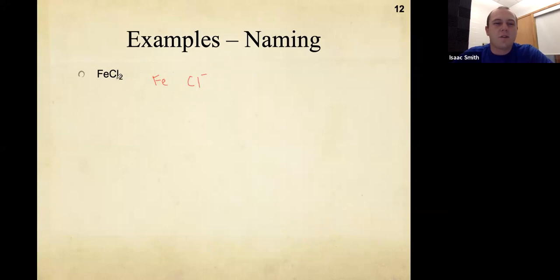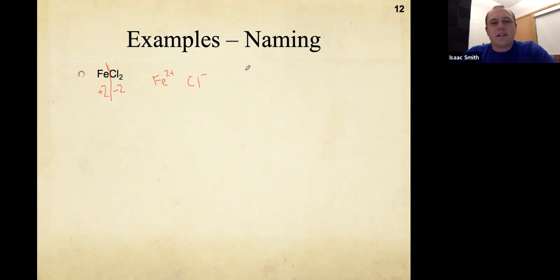So we have 2 chloride ions with a -1 charge, which means that, well, let's see if I can draw a line here. Maybe this helps. On the right side of the equation, we have a total of -2 because each chloride is giving a -1 and there are 2 of them. So on the left side, we're going to have a +2 to cancel out that -2, meaning since there's only 1 iron, this iron is actually giving off a 2 plus charge, okay?